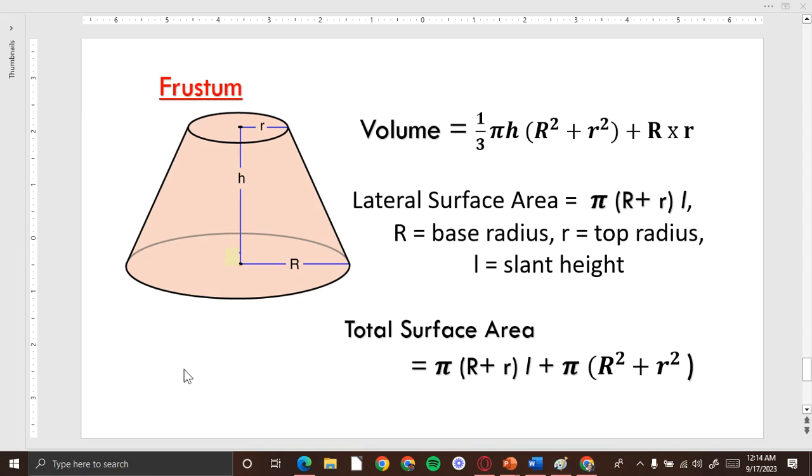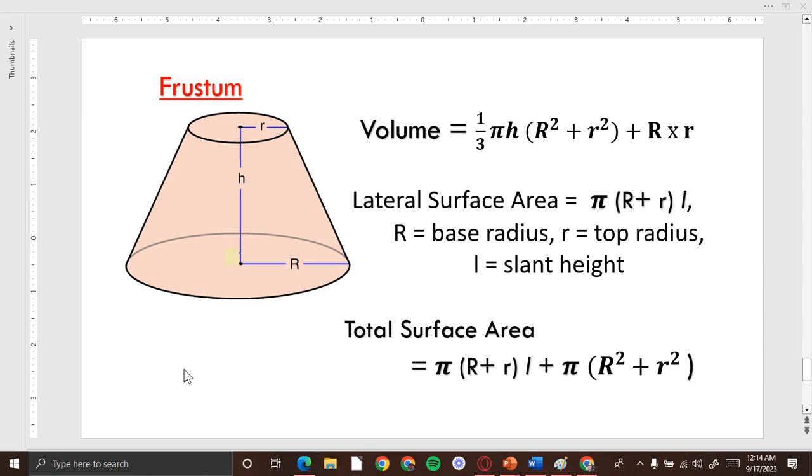Frustum. A frustum is a three-dimensional geometrical shape that resembles a cone, but its top portion is sliced off by a plane parallel to the base. As a result, a frustum has two parallel circular bases of different sizes connected by a curved surface. It is also referred to as a truncated cone.